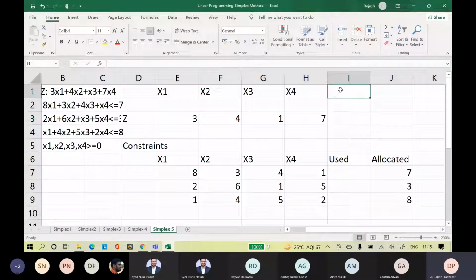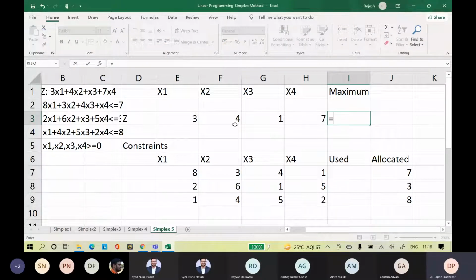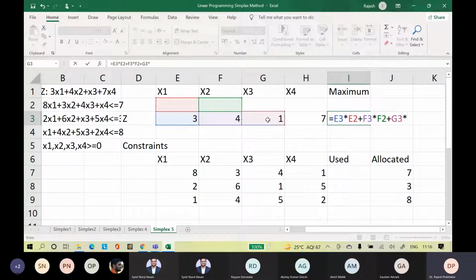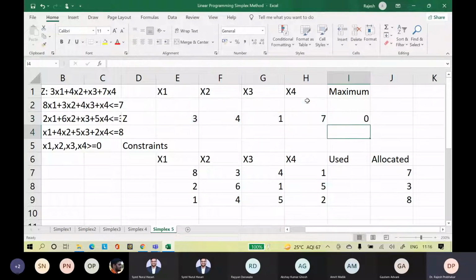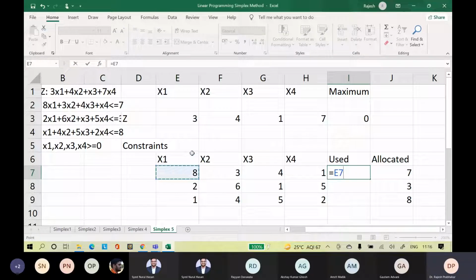So maximum is equal to this into this plus this into this, plus this into this.